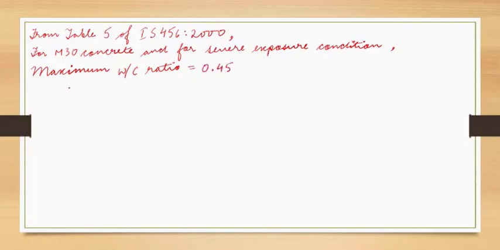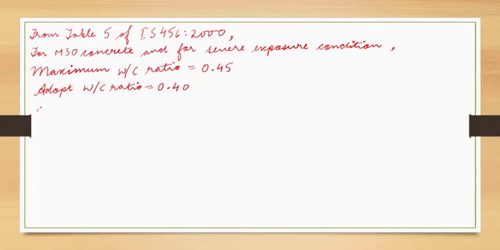Now usually we never consider the maximum water cement ratio; we assume it lower. So here let us adopt the water cement ratio to be equal to 0.40.